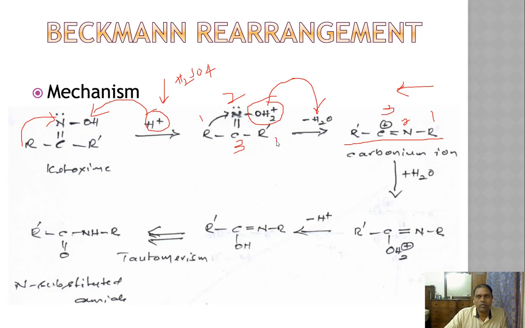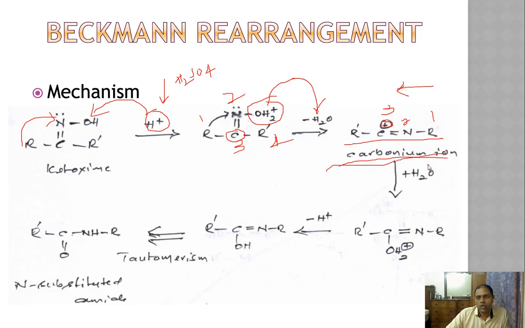The fourth one will be this alkyl group, so it is written the other way. In between, this carbon has only three bonds, so you're going to have the positive charge over here. It's a carbonium ion or carbocation now, right?